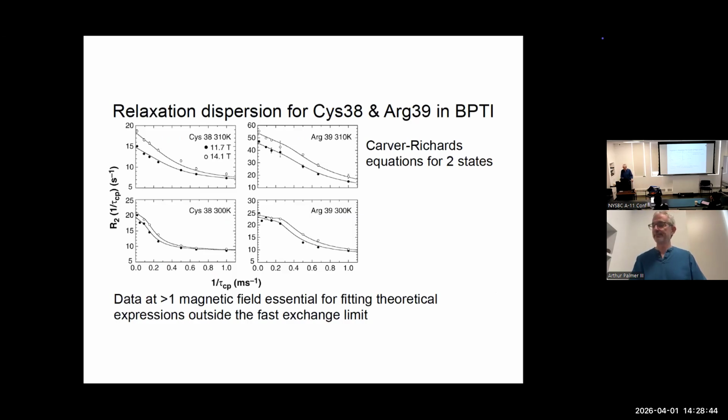So here's some data. Early on, it's one of these things that the pioneers of NMR knew, and then everybody proudly forgot. So the Carver and Richards paper has analytic expressions for the 2-site jump case for CPMGs. The analytical equations that are used for fitting are frequently the Carver-Richards equations.